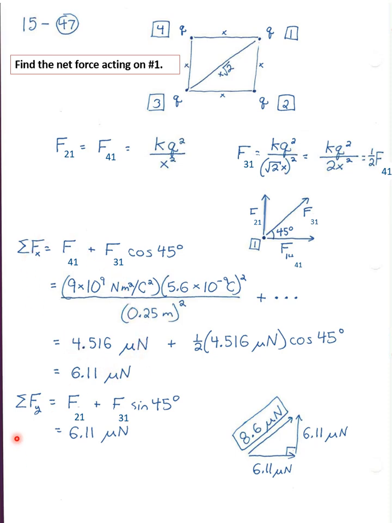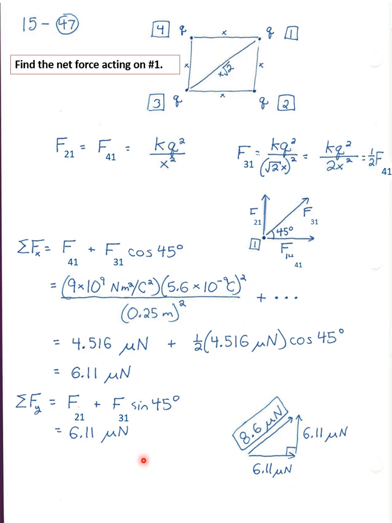The y component of all the forces is the force of 2 on 1 plus the force of 3 on 1 times sine of 45 degrees. When you plug in all the values, you get 6.11 micronewtons, but maybe you don't even need to plug in all those values. You can see by symmetry that whatever's happening horizontally to charge 1, exactly the same thing is happening vertically.